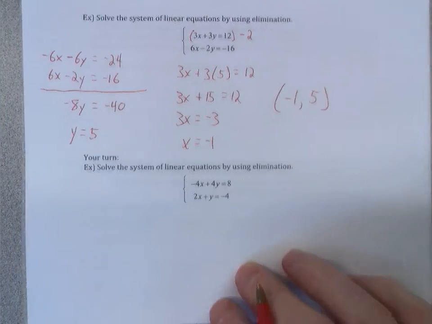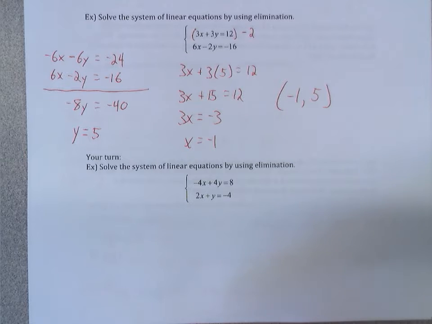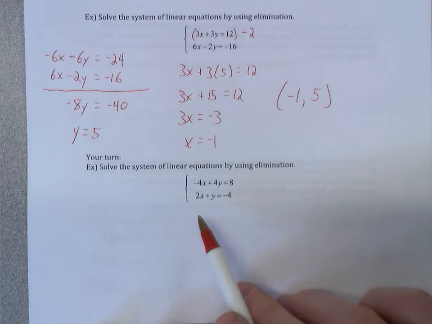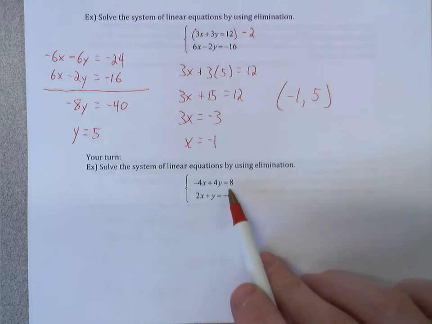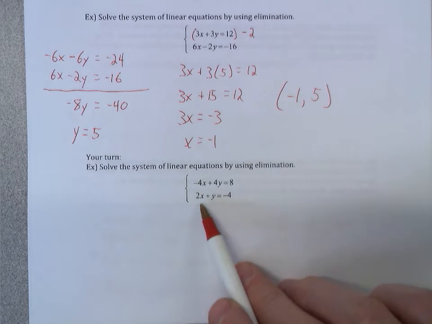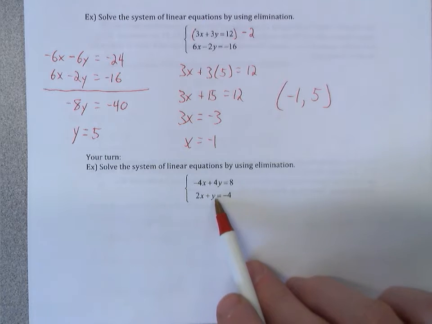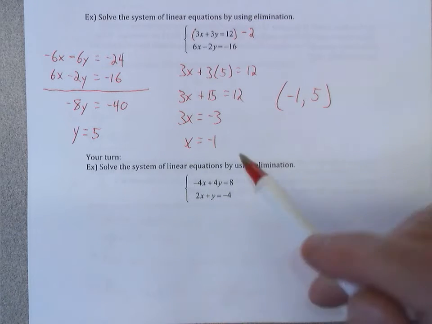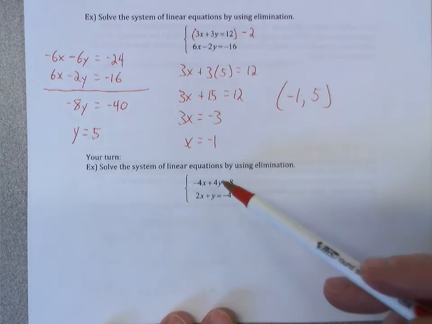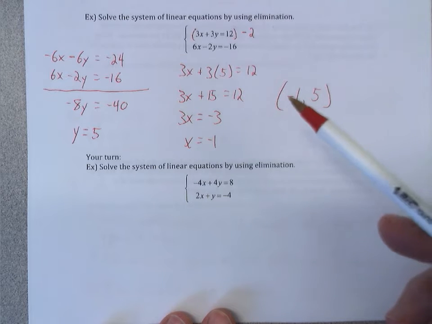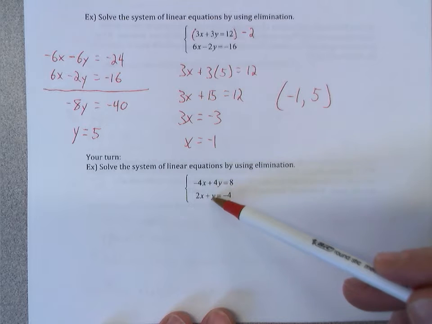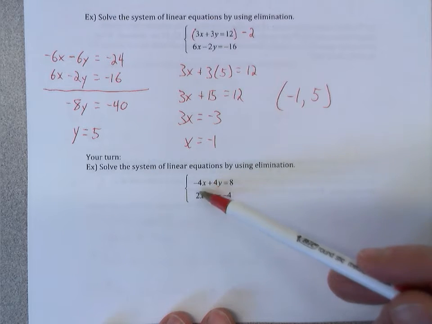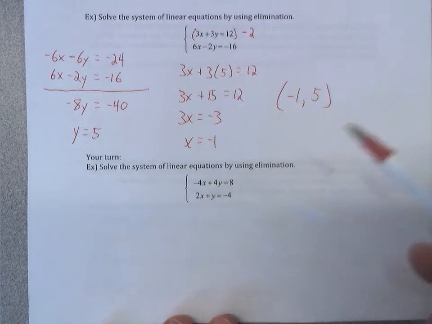Okay? All right, let's look at the last problem on this page. We've got negative 4x plus 4y equals 8, and then 2x plus y equals negative 4. Well, if I look at these, there's a variety of things I could do here. Notice these two do not have the same coefficient or sign. These two don't have the same coefficient, but they do have different signs.